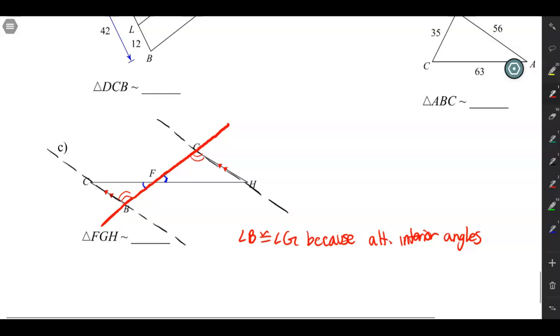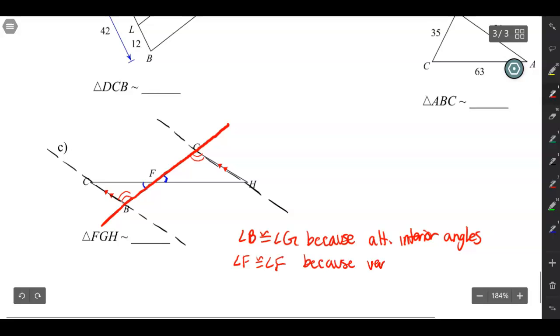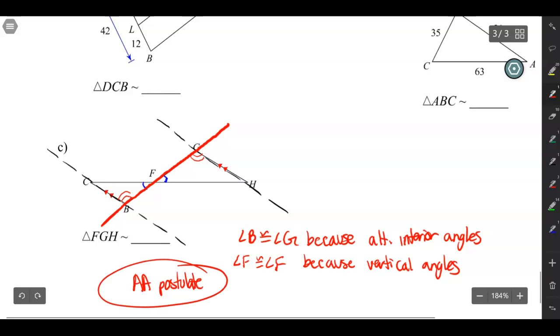I know that angle F is congruent to angle F because of vertical angles. So I can use the angle-angle similarity postulate to prove that these 2 triangles are similar.